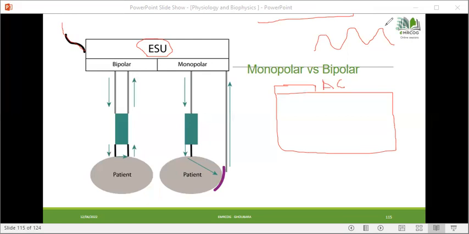This is direct current, always with the same frequency. Alternating current means the frequency changes with time. So diathermy is alternating current, not direct current.